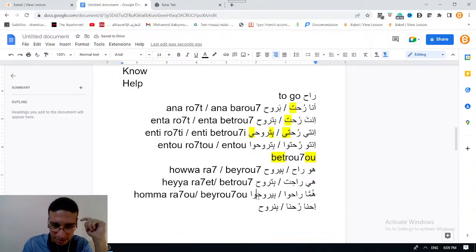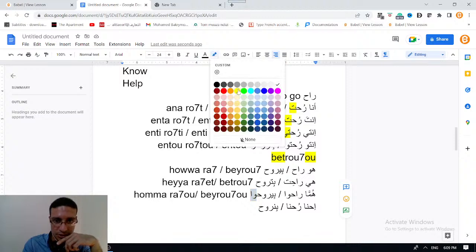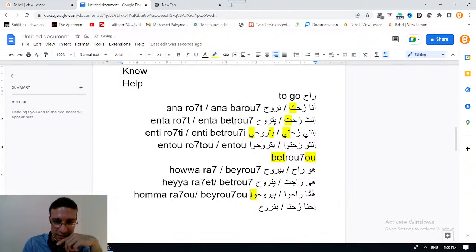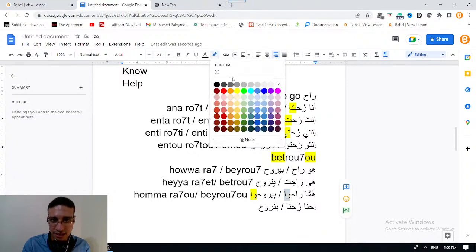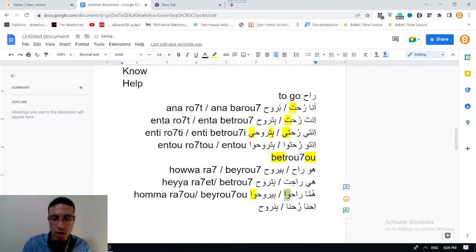This alif at the end is not pronounced, so you just write it but it's silent. The same thing with this alif, it's also not pronounced. هم راحوا, so راح and then u is the ending for هم in the past tense verb conjugation.